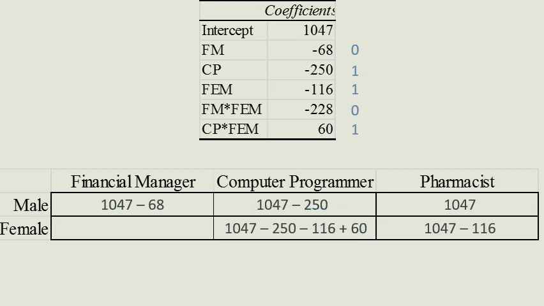Finally, we have female financial managers. They have 1s for these two indicator variables. So this interaction is also 1.